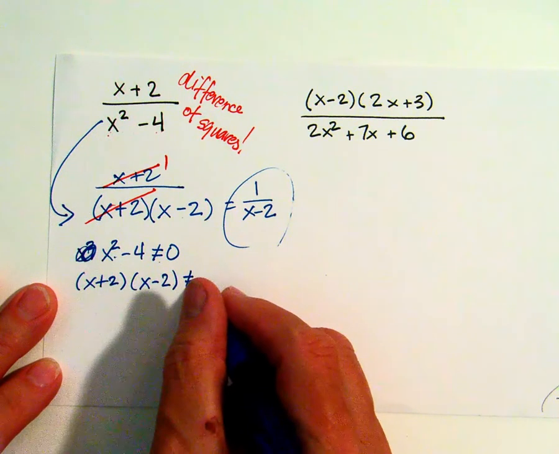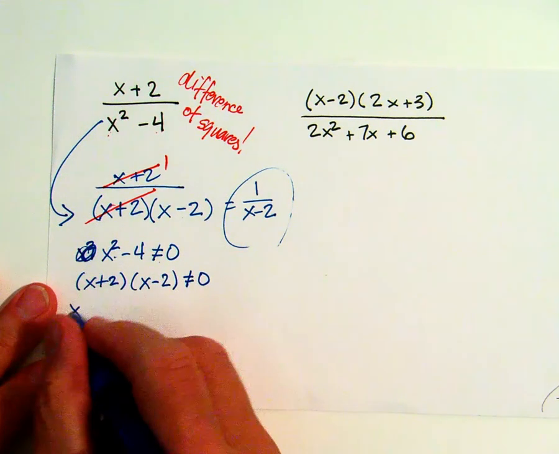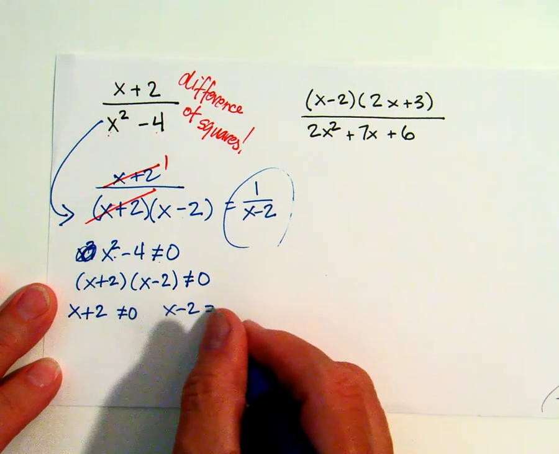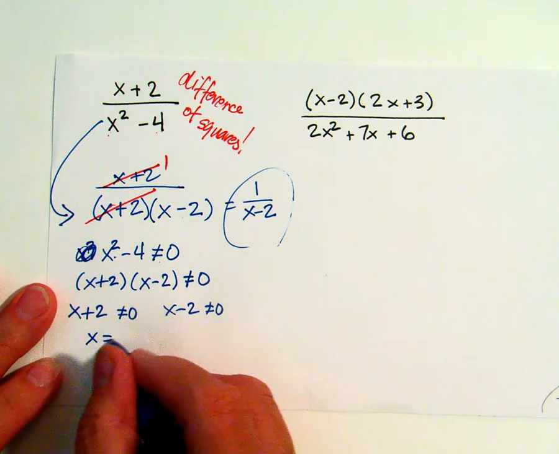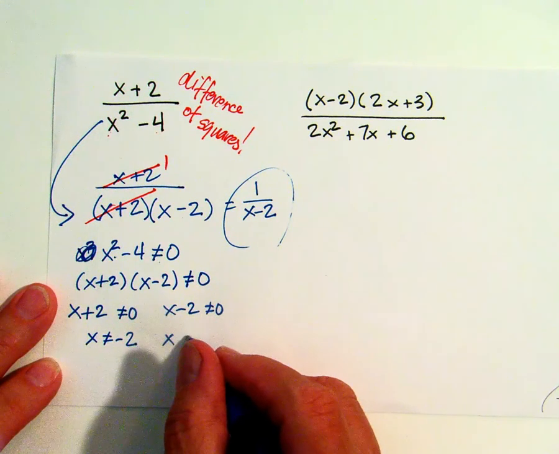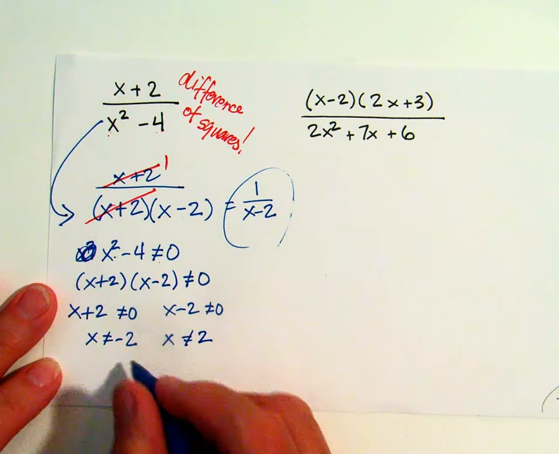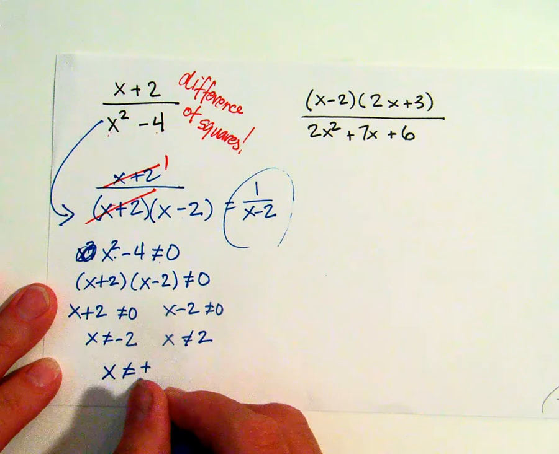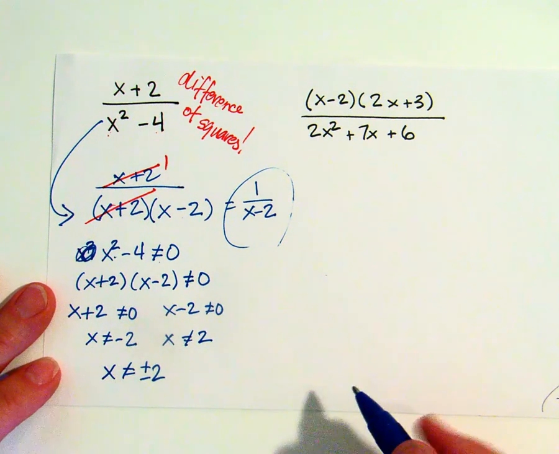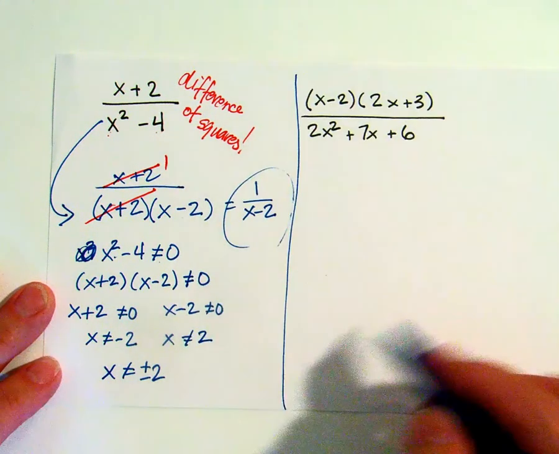If you hadn't caught on to it, you need to work on that. So either x plus 2 can't be 0, x minus 2 can't be 0, so x can't be negative 2, or x can't be 2. So x can't be plus or minus 2. You can write it all together like that if you want to, but you can write it separately. It really doesn't matter.